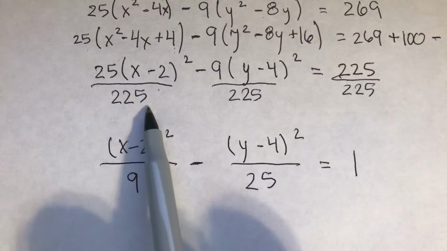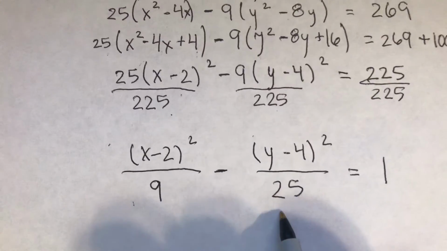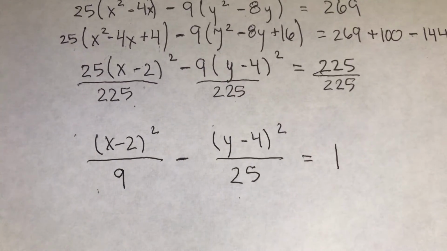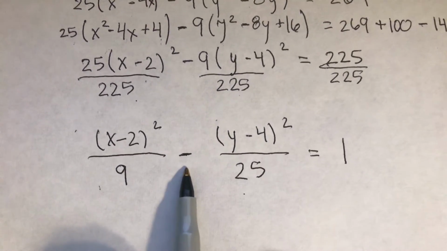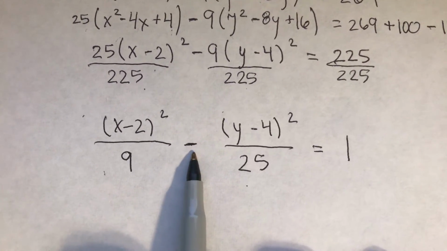Because 25 over 225 is 1 over 9. 9 over 225 is 1 over 25. That is standard form. This is a hyperbola because that's a minus sign.